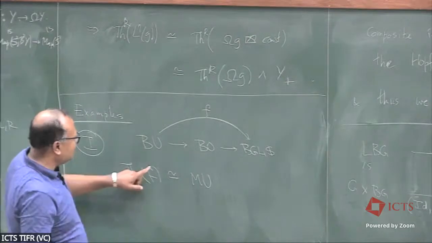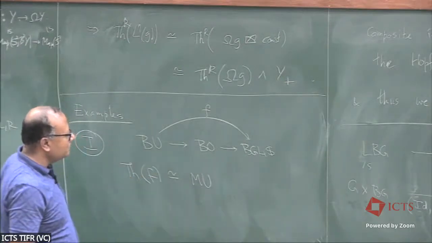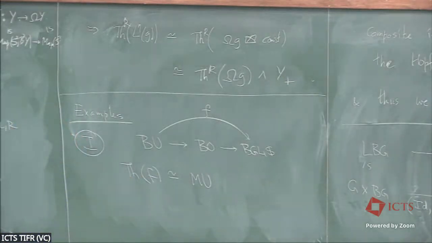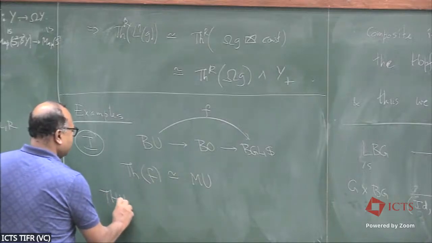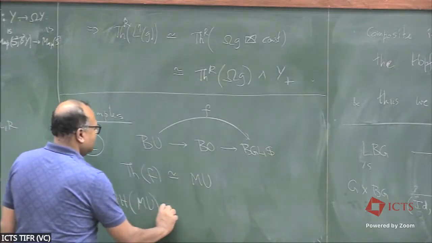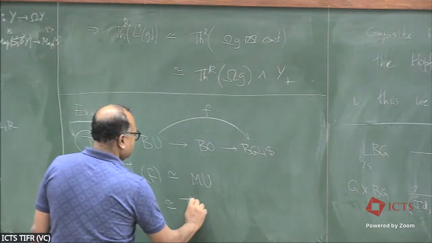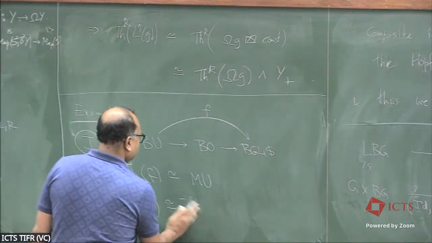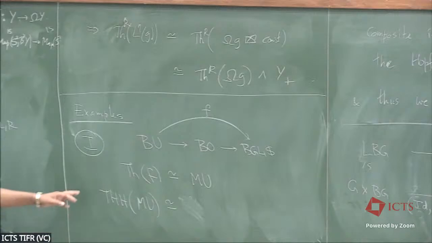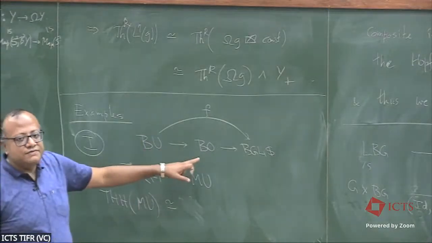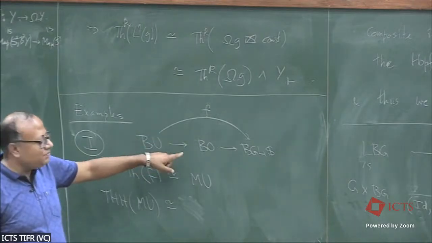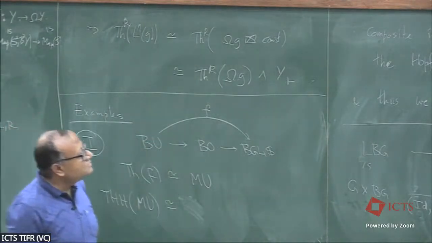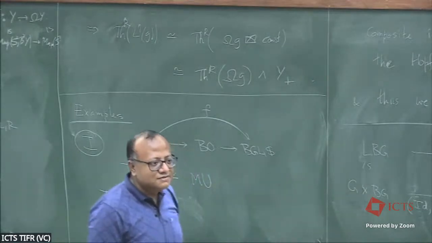Now this Thom spectrum of F is MU, but now we can apply the formula for the topological Hochschild homology of Thom spectrum. So we have THH of MU, which is this. To calculate this, we know this is an infinite loop map, so it definitely is a threefold loop map, and so this special case 2 applies.